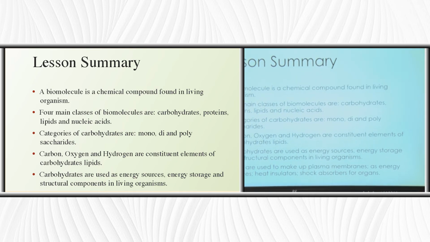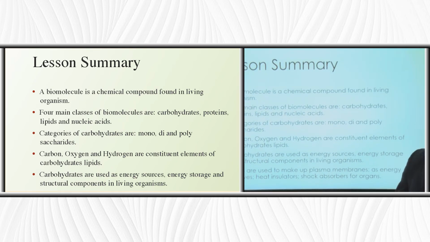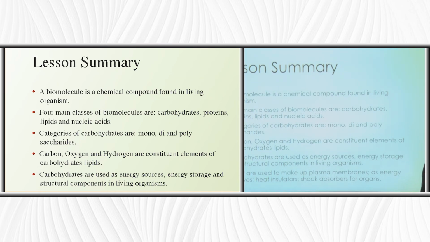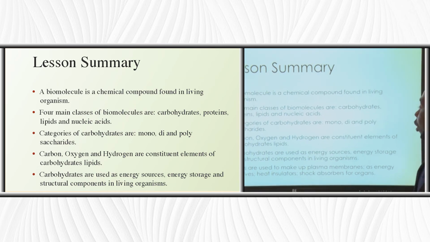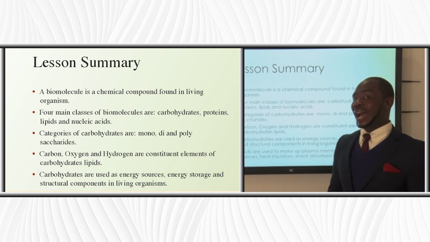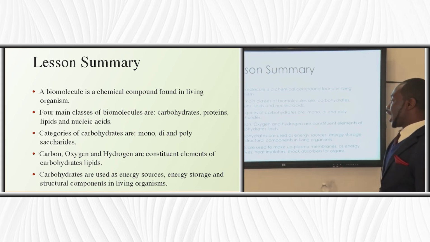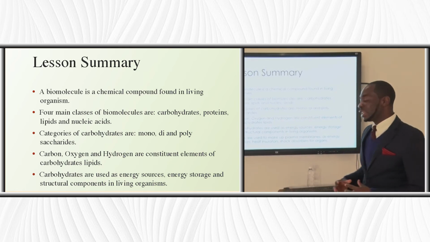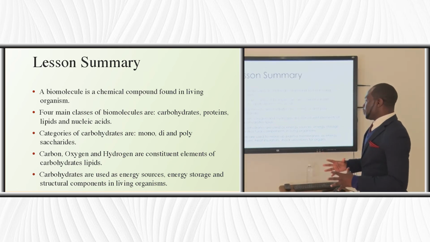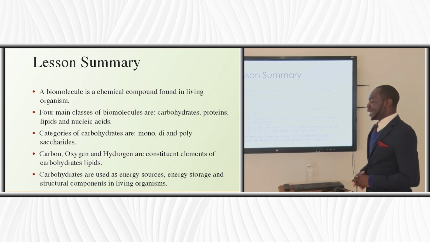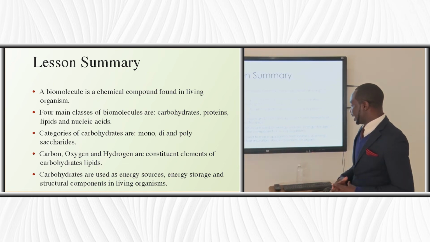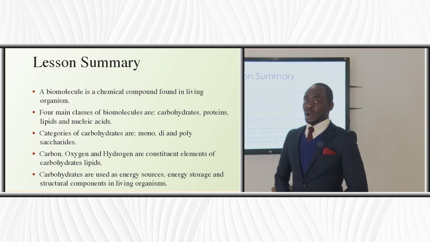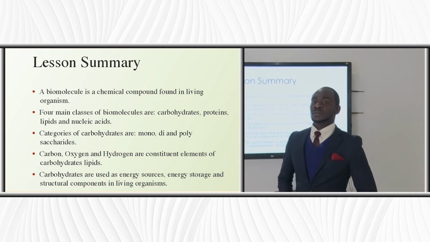Categories of carbohydrates are monosaccharides, disaccharides, and polysaccharides. Carbon, oxygen, and hydrogen are constituent elements which make up carbohydrates and lipids. Carbohydrates are used as energy sources, energy storage, and structural components in living organisms. Lipids are used to make plasma membrane, as energy reserves, heat insulators, and shock absorbers of organs in living organisms. Alright, let's take a break.